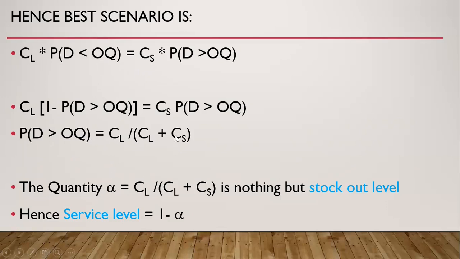If we denote this entity as alpha, then alpha is nothing but the stock out level, because demand is more than the ordered quantity. So it is a stock out situation. If we subtract this alpha from 1, that is, we calculate 1 minus alpha, it will be the service level.